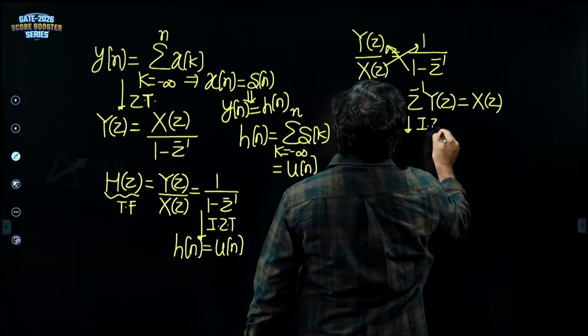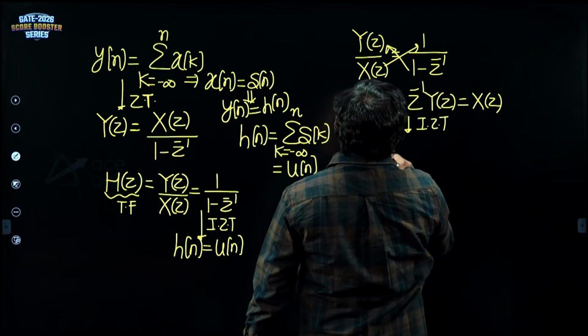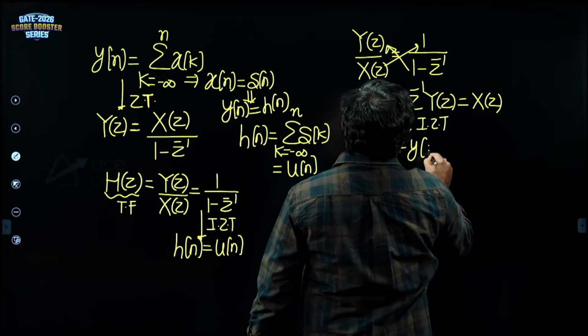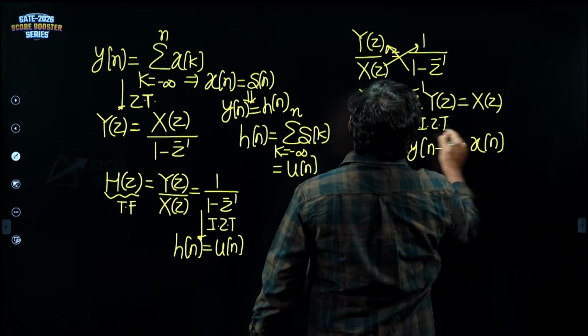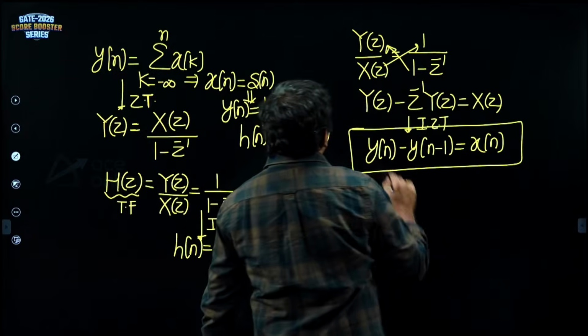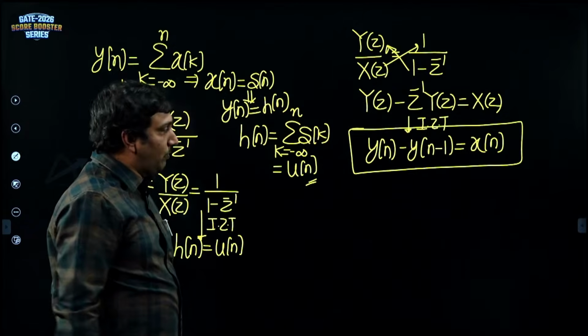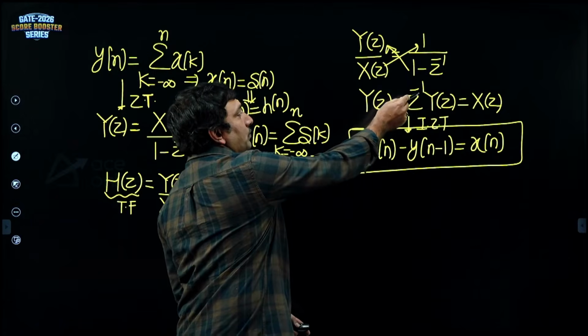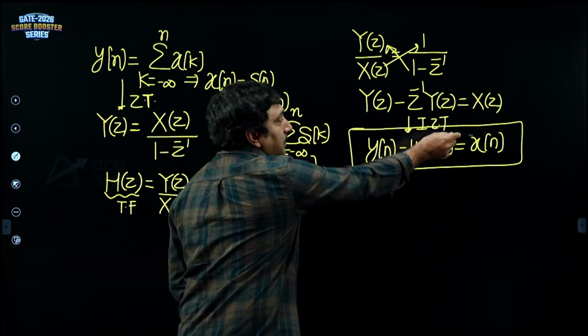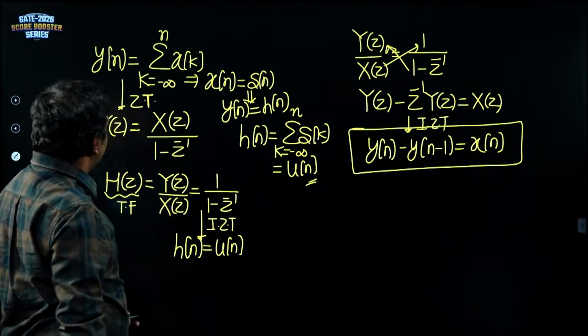What is the inverse Z transform of this? y[n] minus y[n minus 1] equals x[n]. The same accumulator can also be represented as this difference equation. Cross multiply: Y(z) means y[n], z inverse Y(z) means one sample shift, equals x[n].